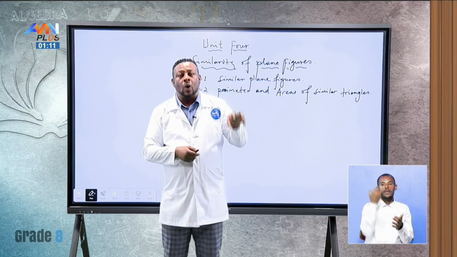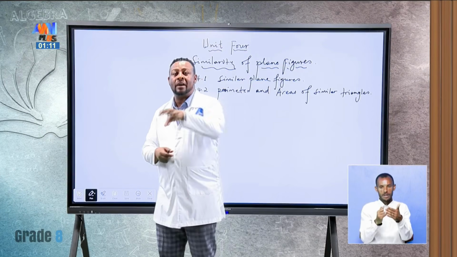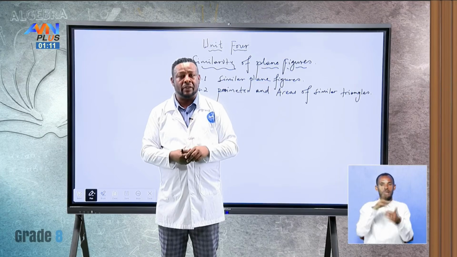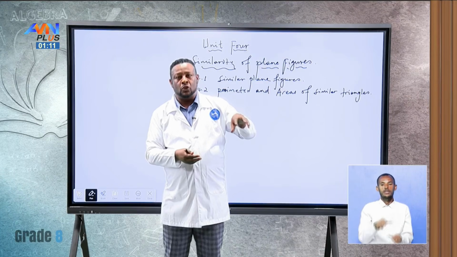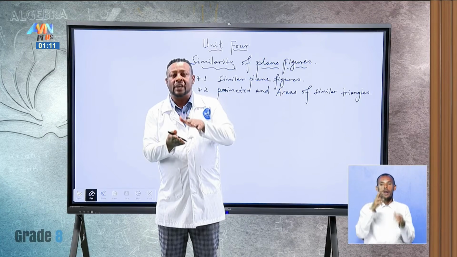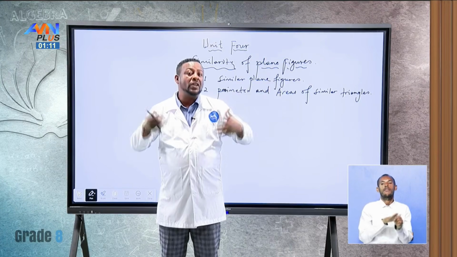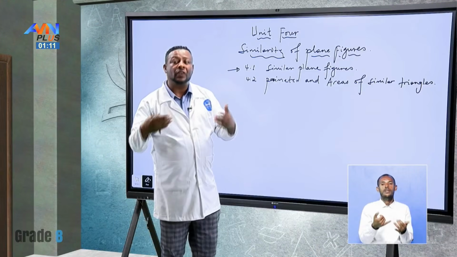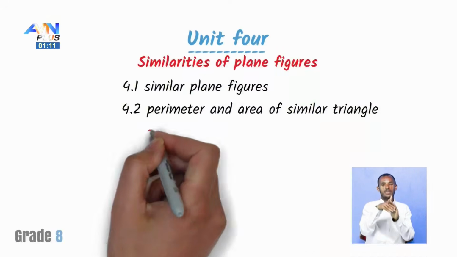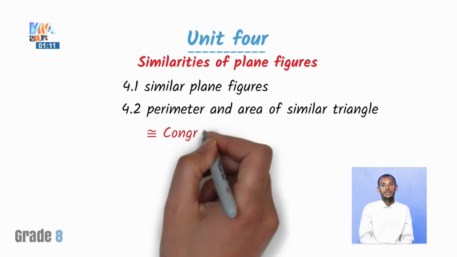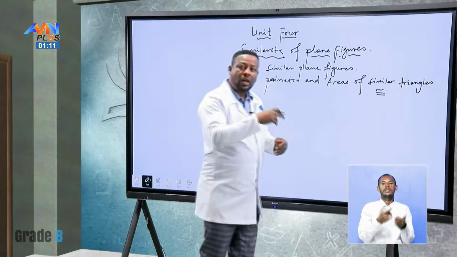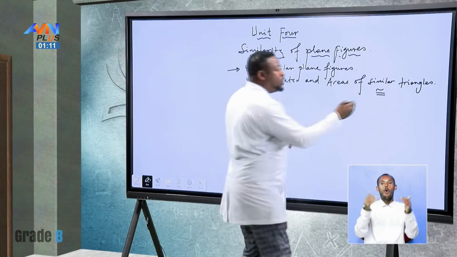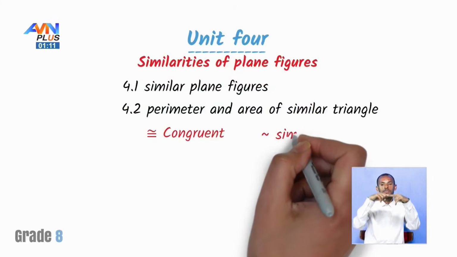If we move one figure on another, and if the two figures fit each other, or if we are able to make the two figures fit, then those figures are congruent. Here in our discussion, we use different symbols, like this symbol, equal with something on top, which means congruent, and we use this symbol to say similar.